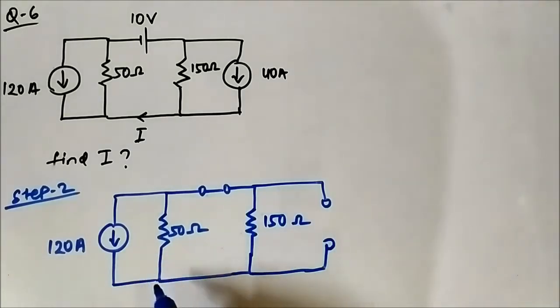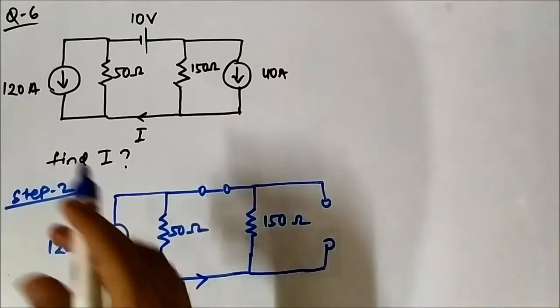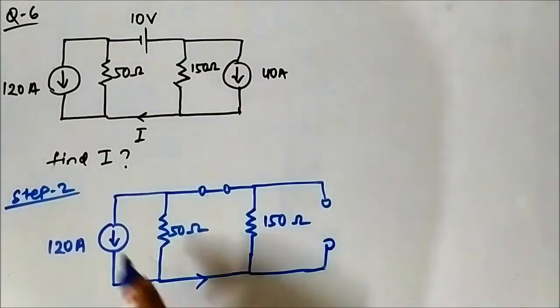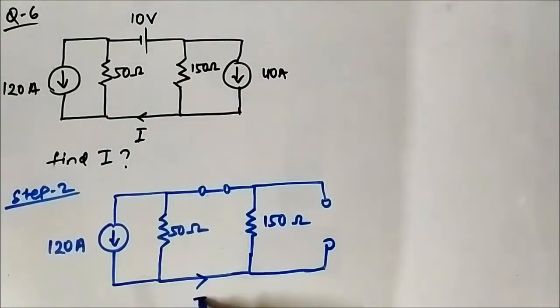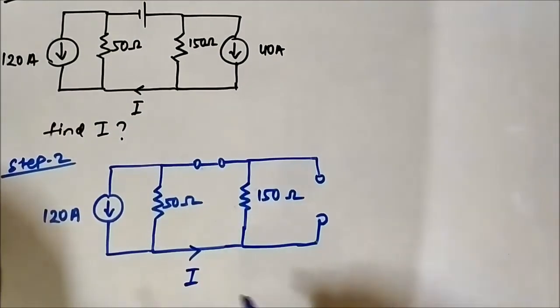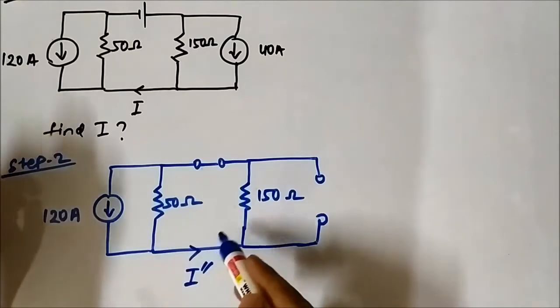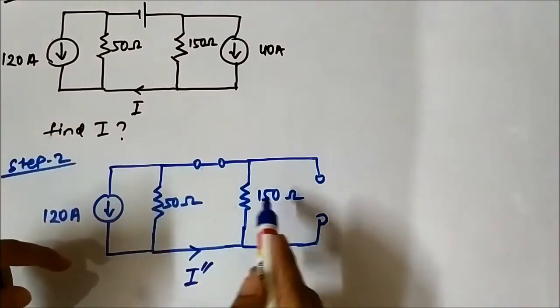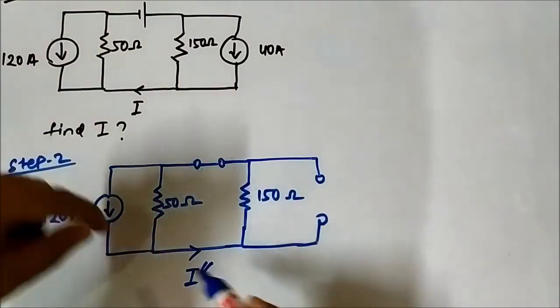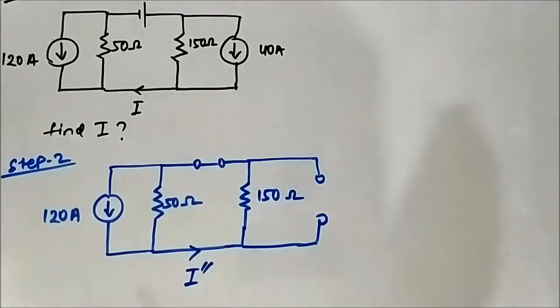Now here the current will flow in this way, because the 120 ampere is downwards. Let us call it I double dash. So again we have to apply current division rule here, because the 50 ohm and 150 ohm are in two resistor form.